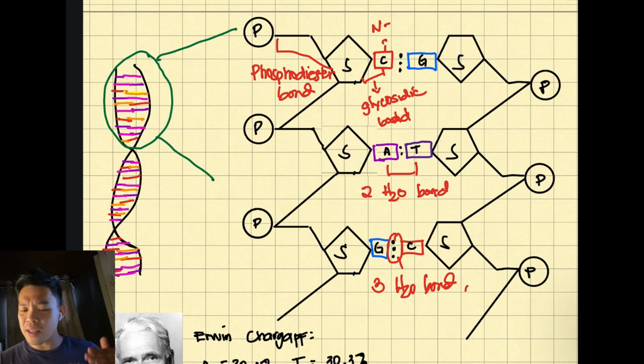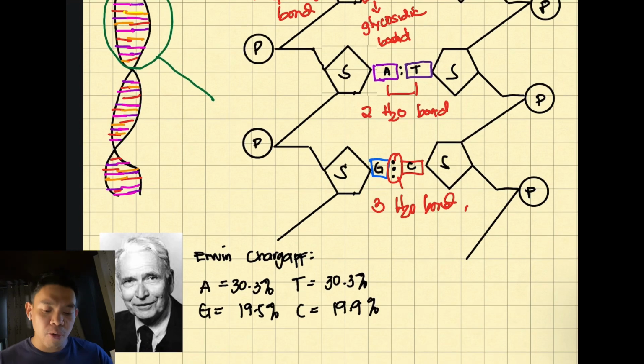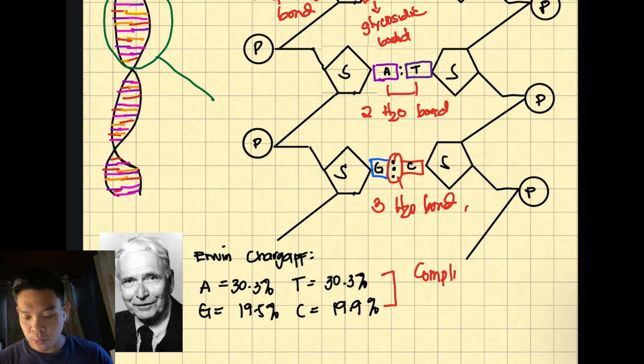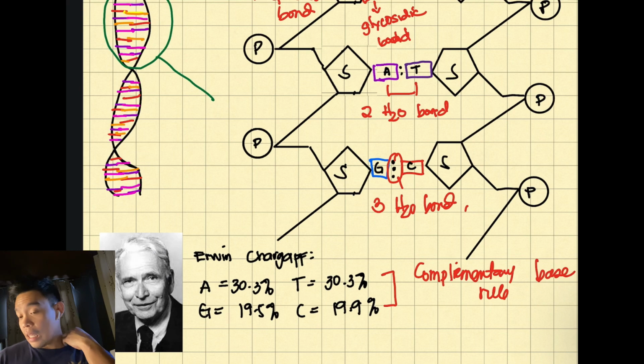So how were those bonds detected? It was when Erwin Chargaff identified the proportionality of those bases, and this is what we call the complementary base rule. Complementary means they cannot be broken, because it's already a rule.